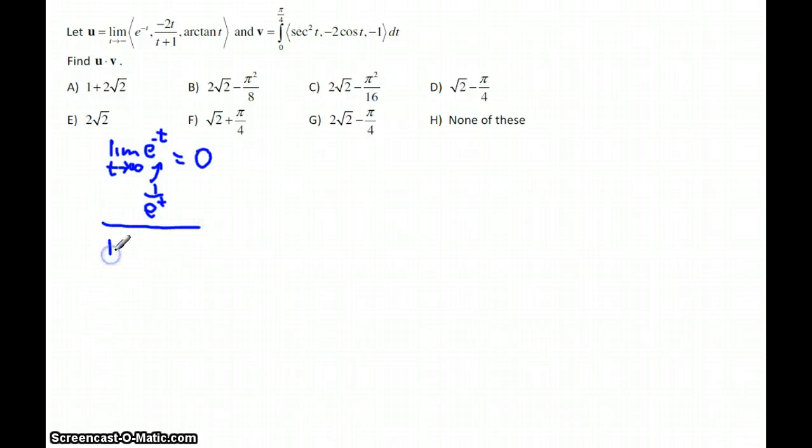Second component of u, t is going to infinity again, and we're looking at a fraction, negative 2t over t plus 1. And what we're going to do with this one is use L'Hopital's rule. This would be negative infinity over infinity.